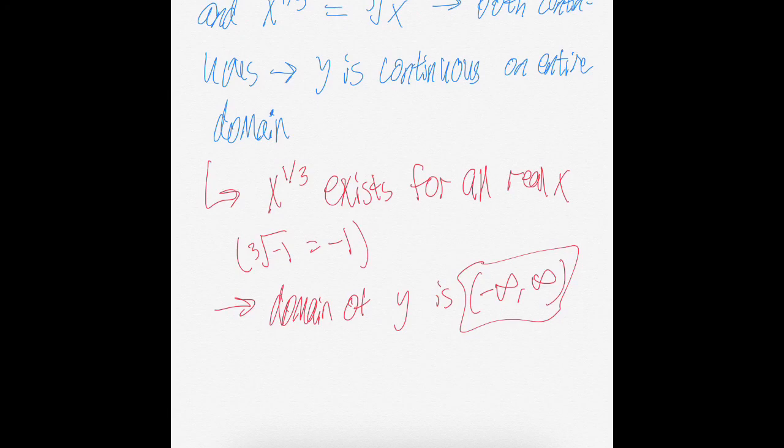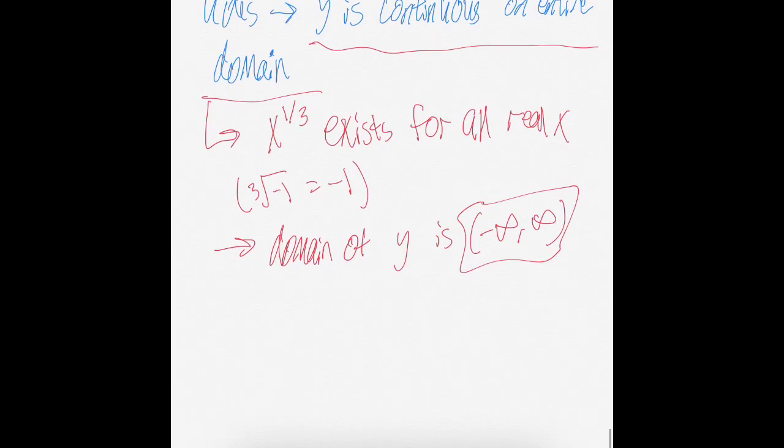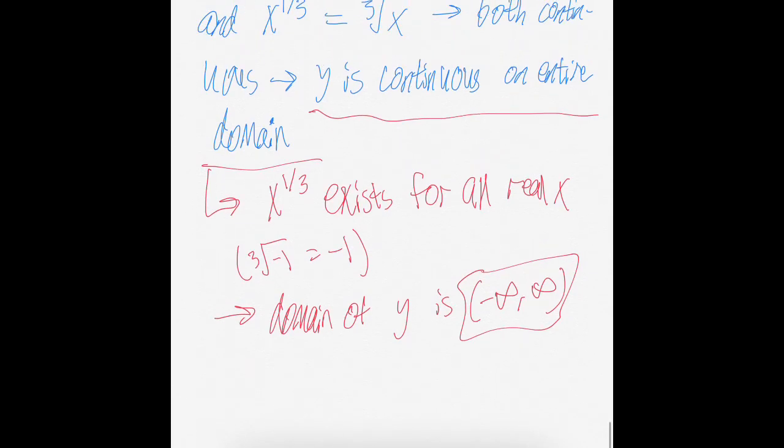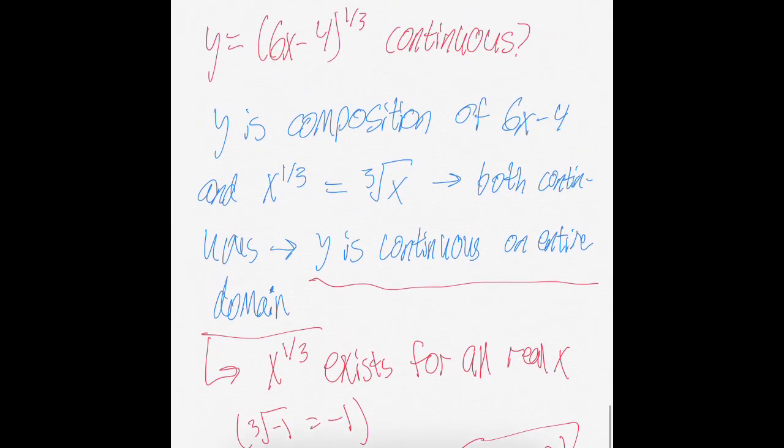And as we said a moment ago, the domain of y is exactly where y is continuous. So that tells us where y is continuous. All real numbers. This guy is continuous everywhere, and I think that's pretty dope. Good for you, y. Keep it up.